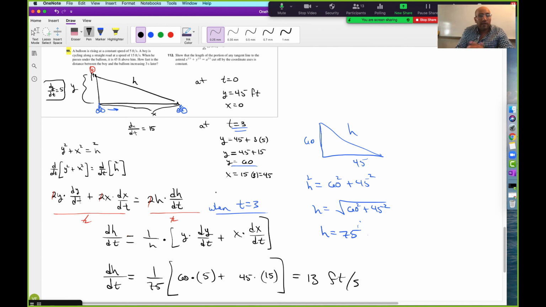And they might give you the speed of the boats, they might give you the distances, they might ask about the speed at which they are traveling away from each other, that kind of thing. So very similar. It all comes down to forming some sort of triangle and then distinguishing between the distances and then the speeds at which those distances are changing.